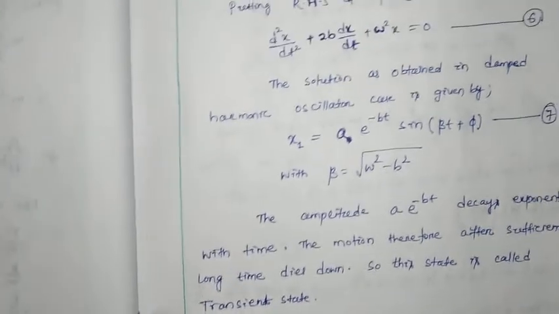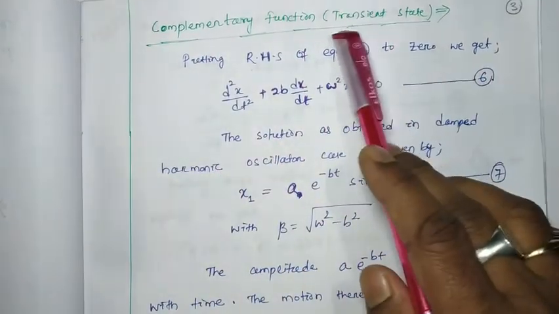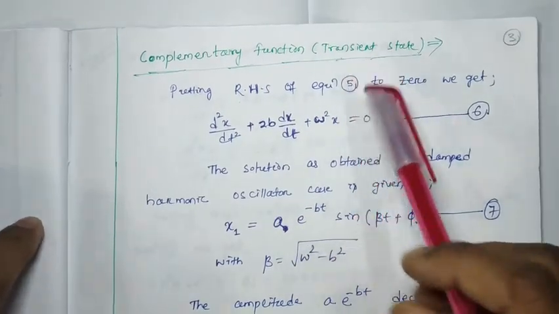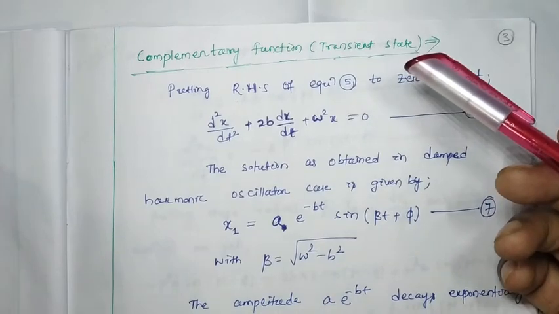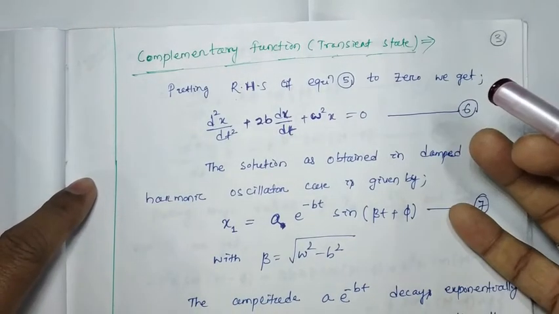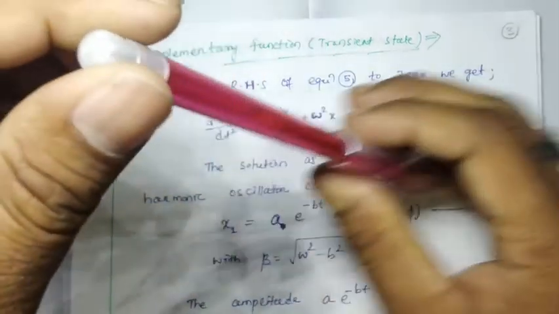Okay. Now first we have to consider the complementary function, or the transient state. Here transient state means the damped harmonic state. You just think that an oscillator is oscillating like this.